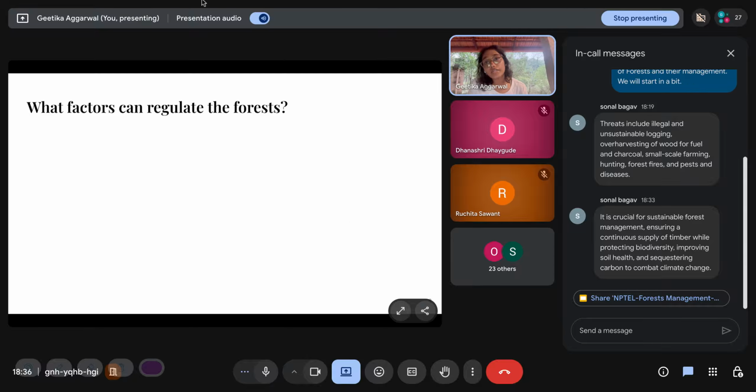Okay. Anyway, very simplistically talking, two broad categories of factors that can regulate an ecosystem or a forest, as an example, are basically abiotic and biotic factors, which is something you all might have learned in your high schools. Abiotic factors include very general features like soil quality, water, air, sunlight.